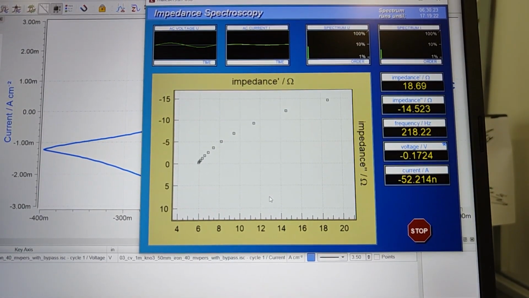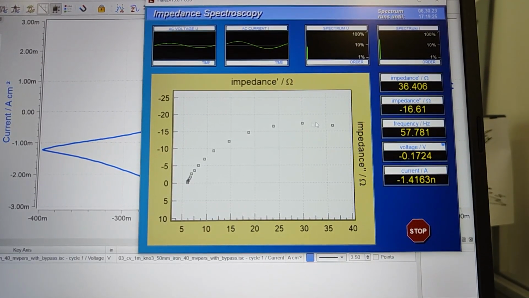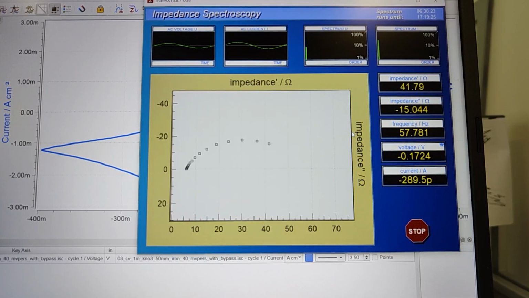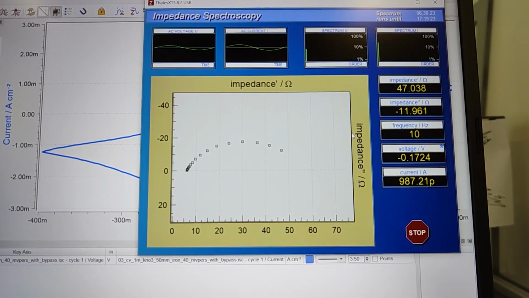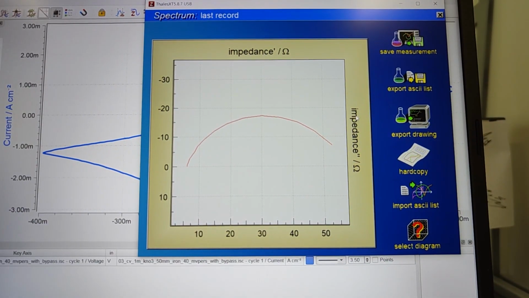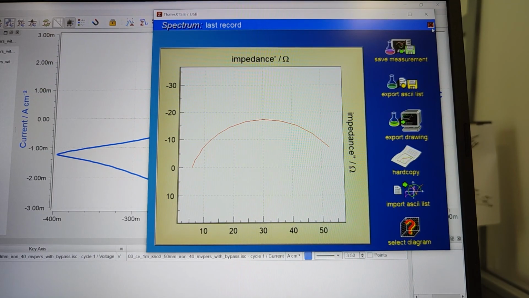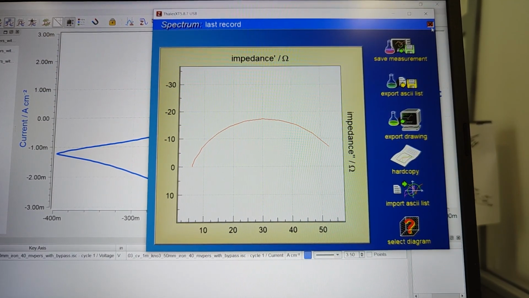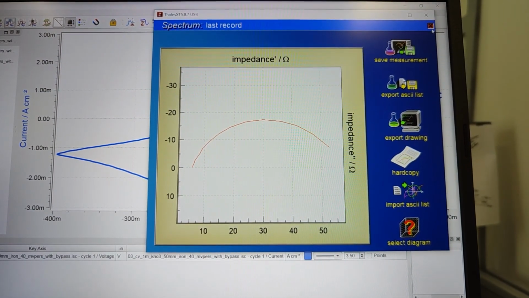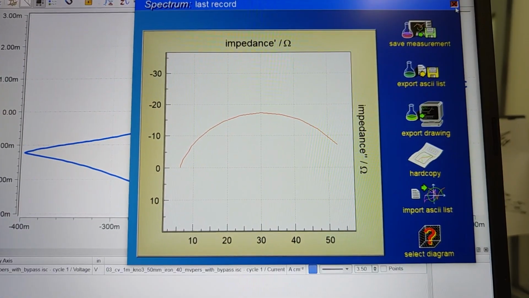It should look like a semicircle, and we see how it goes around. So nice, it's done. After that I want to change to another concentration of the redox pair to see how it changes if we reduce the concentration of the ferrocyanide solution.